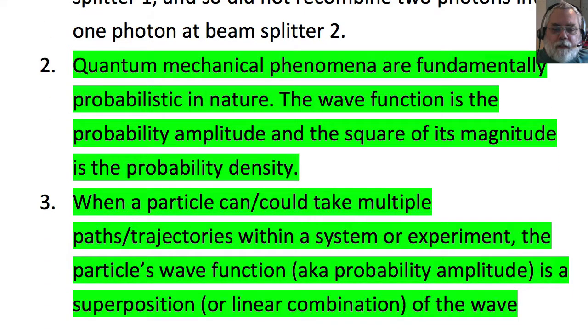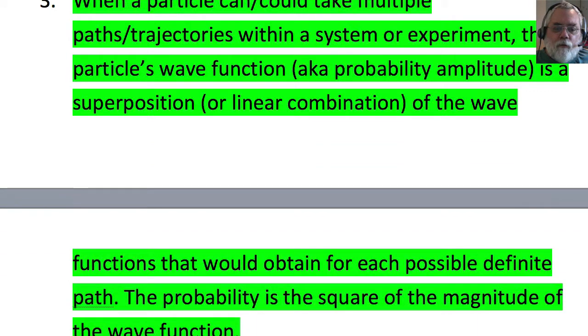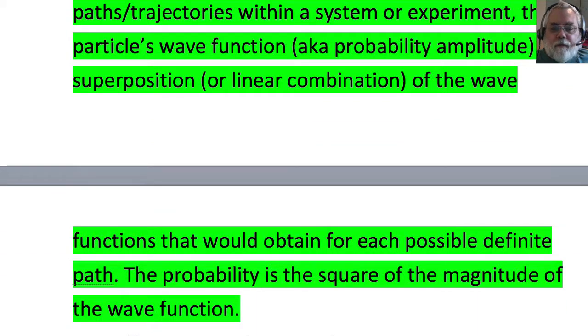When a particle can take multiple paths or trajectories within a system or experiment, the particle's wave function, or probability amplitude, is a superposition or linear combination of the wave functions that would obtain for each possible definite path. The probability is the square of the magnitude of the superposition wave function.